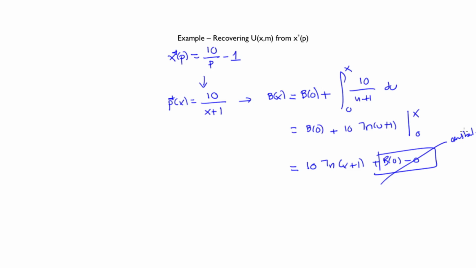Now we have the benefit function formula, so what do we know now? We know that the utility function, substituting back by the quasi-linearity assumption, so by quasi-linearity, this is going to imply that the utility function is going to be equal to this benefit function, 10 logarithm of x plus 1, plus m, and of course, it goes without saying, plus this constant that we haven't been able to determine, so the constant is undetermined.